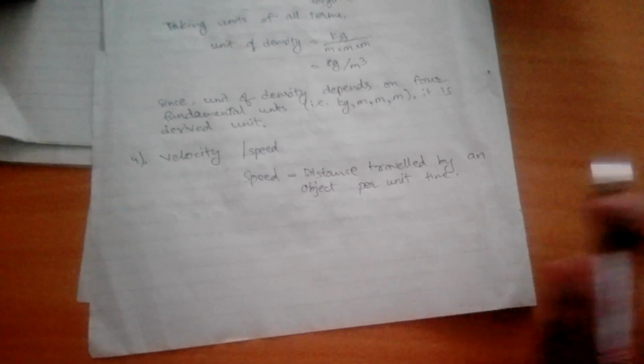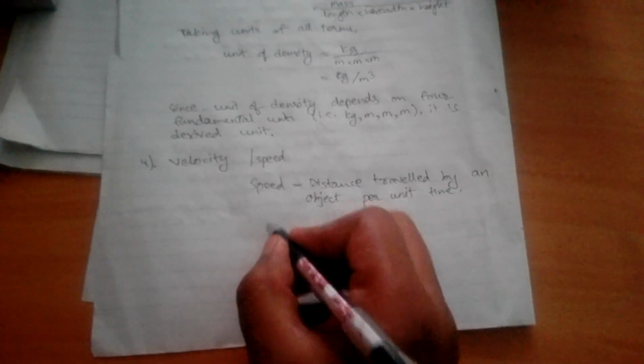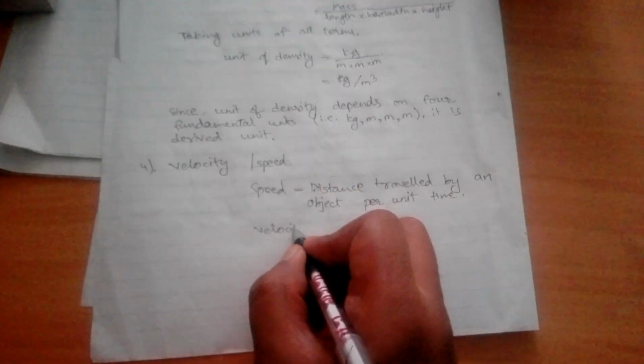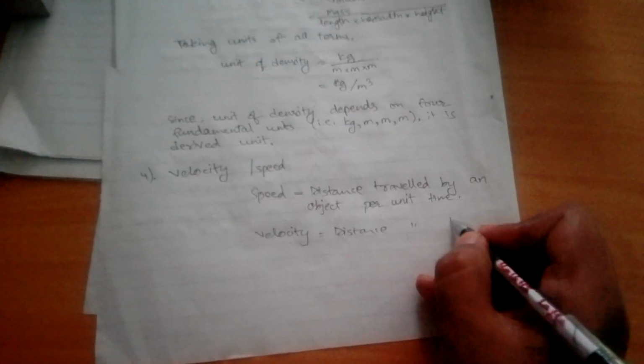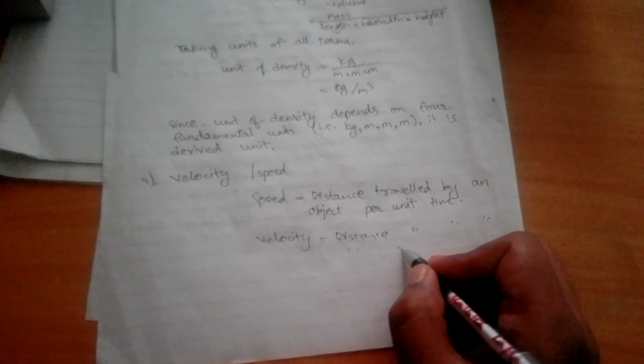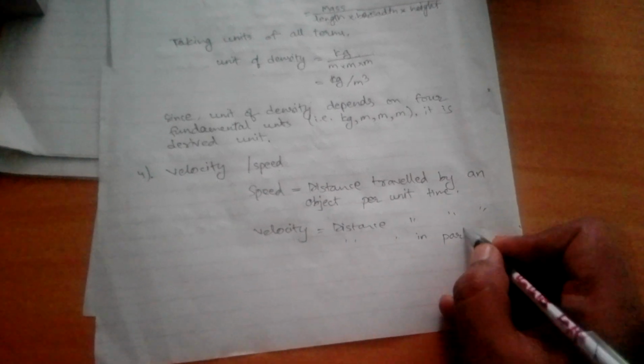Note here we are not talking about any direction. In whichever direction it moves, it does not matter. Whereas velocity is defined as distance traveled by an object, same as above, per unit time in a particular direction.